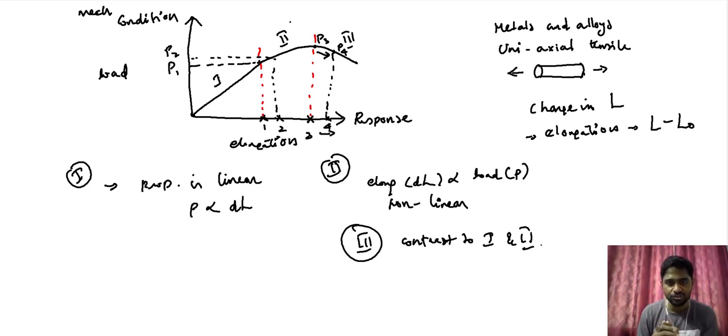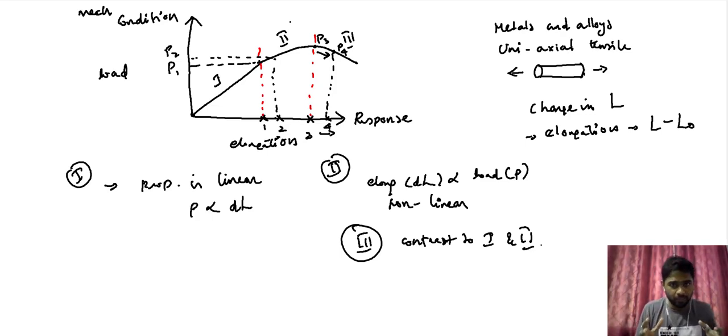In the second section, even though to increase the amount of elongation the load should increase, that increase is not linear as we observed in the first section. In the third section, it is in complete contrast to that of the first and second section, because even after decreasing the load, we are able to achieve the increase in the elongation.